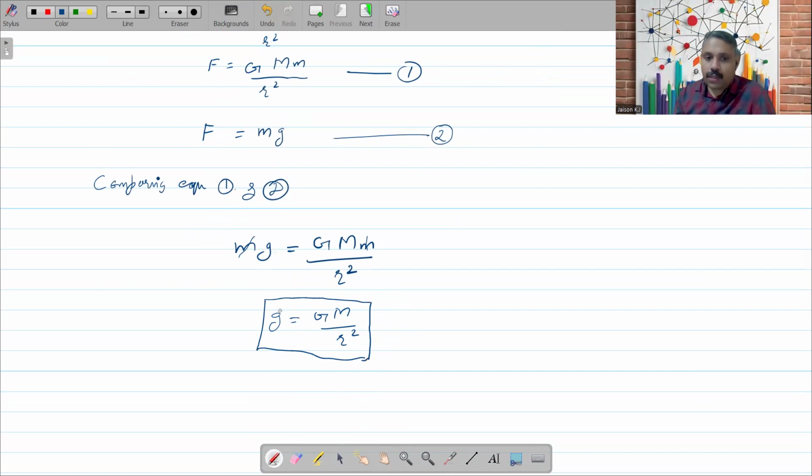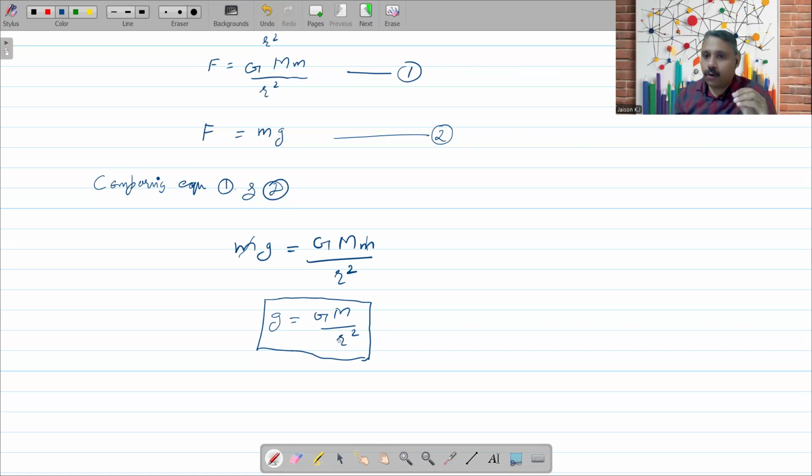So what does it mean? Acceleration due to gravity is equal to the gravitation constant G into M by r square. What is this G? This is the gravitation constant, we know the value already. And M, the mass of the Earth, we already know. And r square, the distance from the center of the Earth to the object.